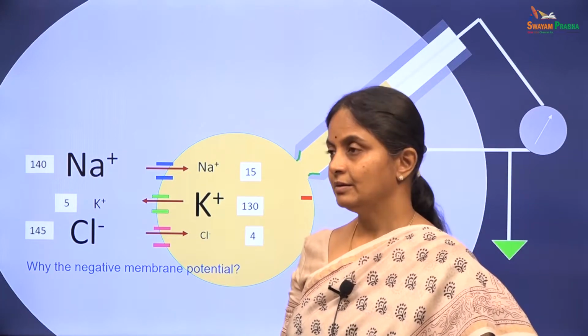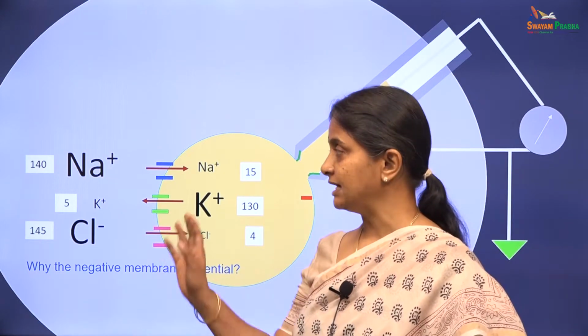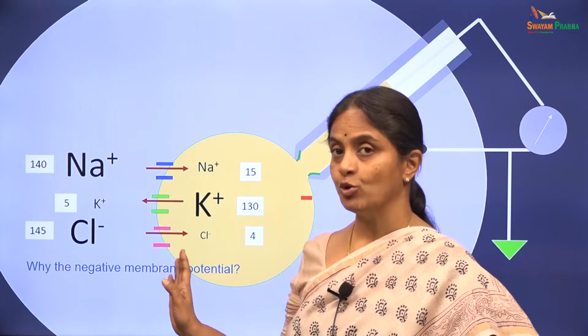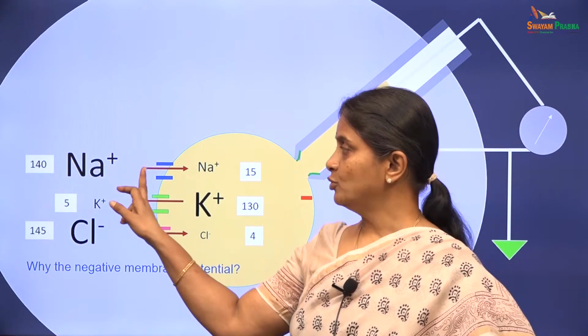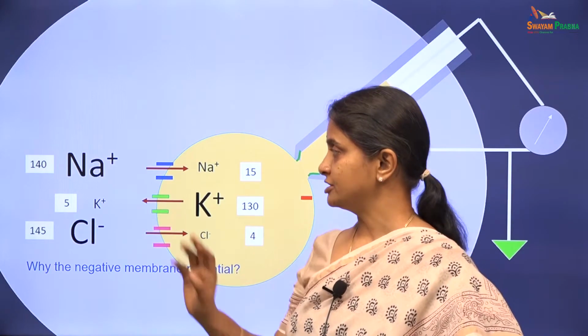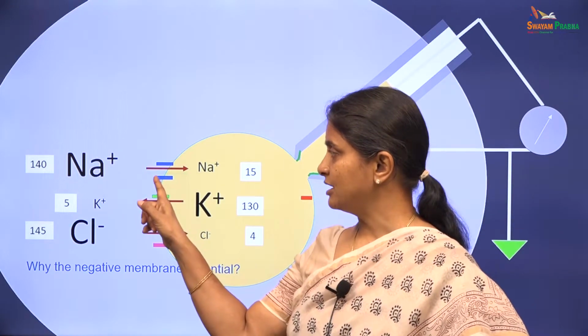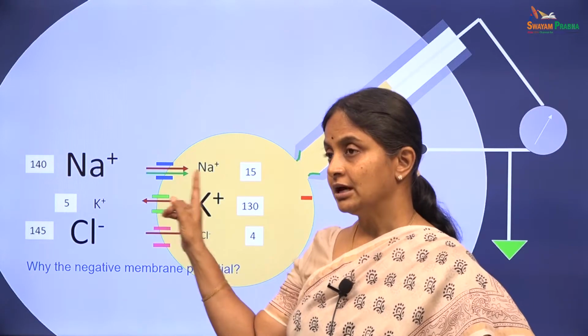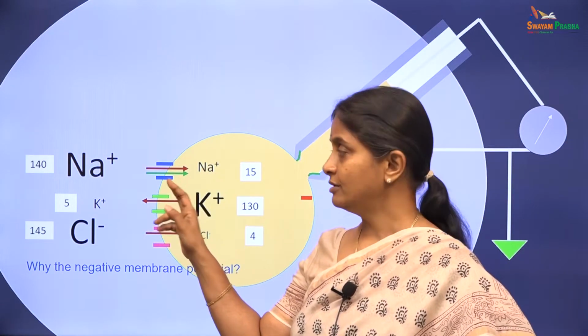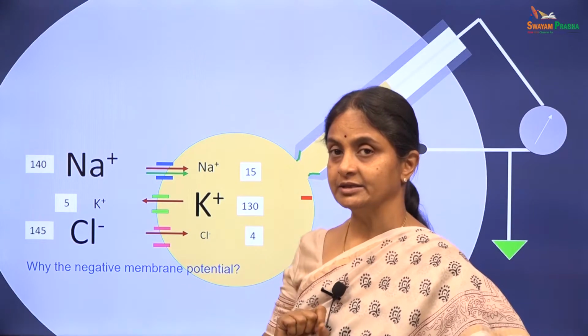Let us ensure that we know the direction of the current if those channels are open. Sodium would move inward through sodium channels along the concentration gradient, and sodium being a positive ion, the current would be in the same direction as the cation, and that would be an inward current.